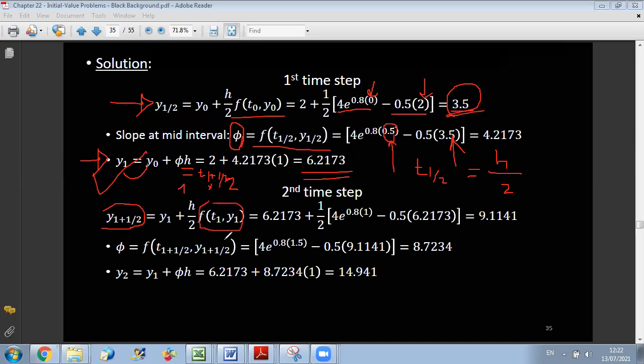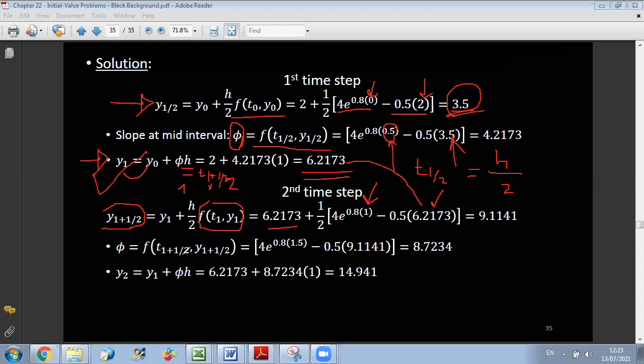All we have to do then is replace y1 by its value and calculate f at t1, y1, by replacing t1 by its value, which is 1, and y1 by the value we got from the previous step. Once we find y at i plus half, we evaluate the slope at the midpoint between 1 and 2. So it is f at t1 plus half, y1 plus half.